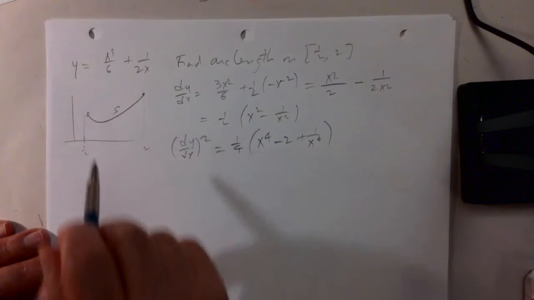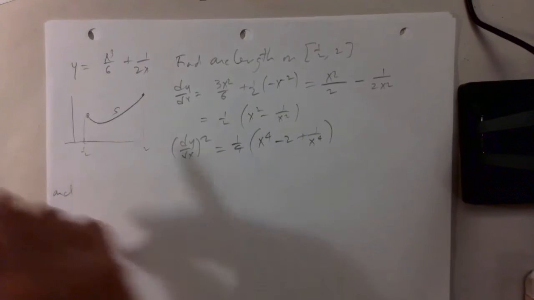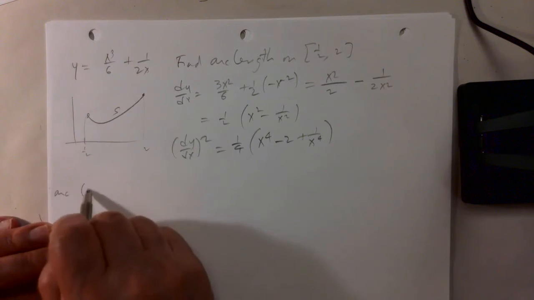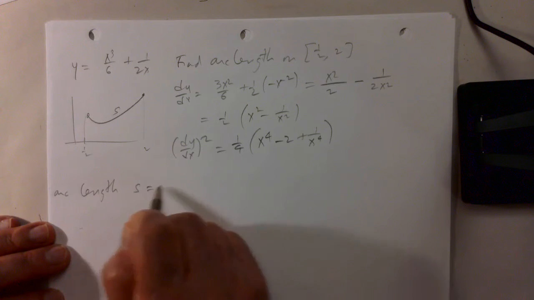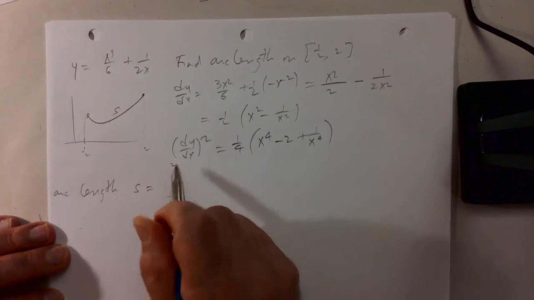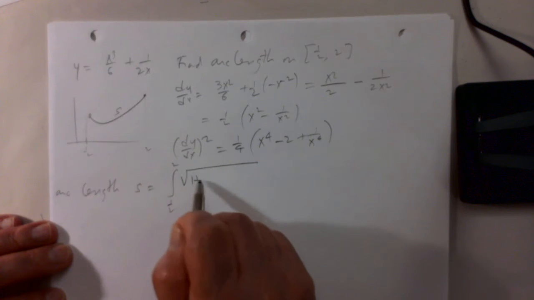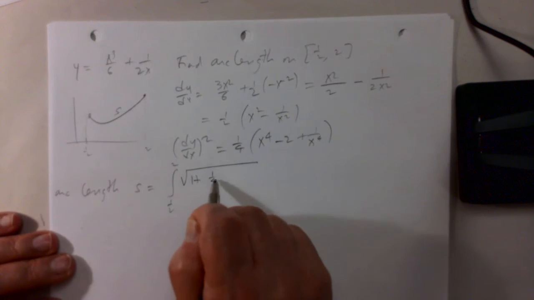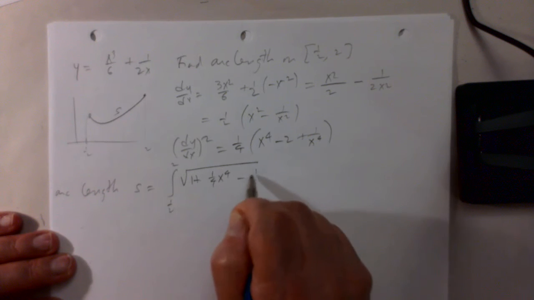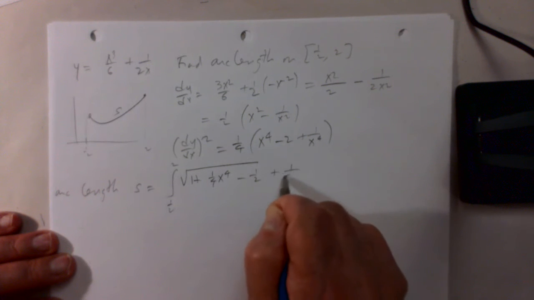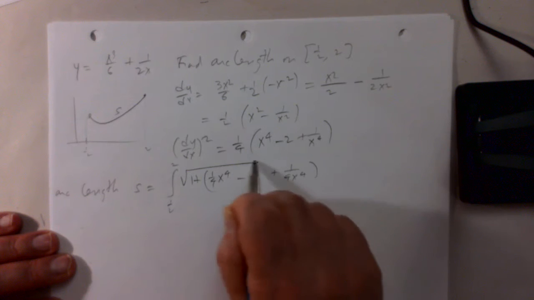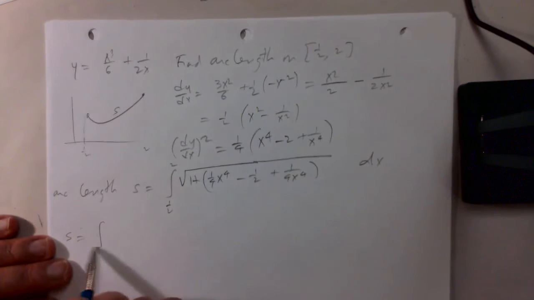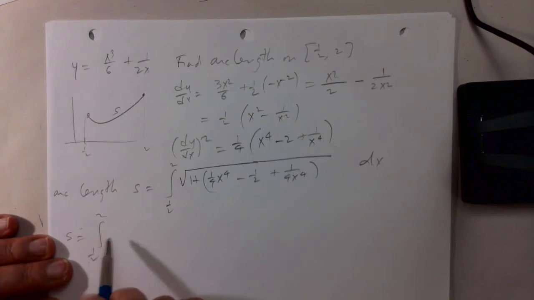So what is the length of the arc? So the arc length, S, is the integral from 1/2 to 2 of the square root of 1 plus this expression squared dx. 1 minus 1/2 is plus 1/2.